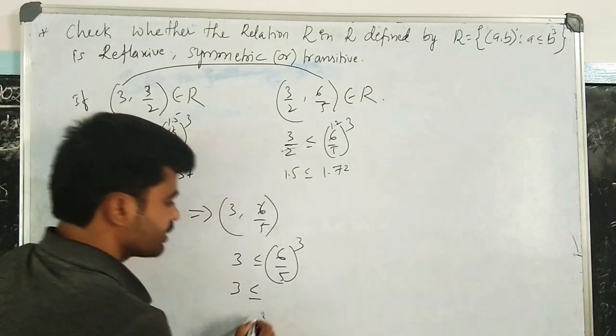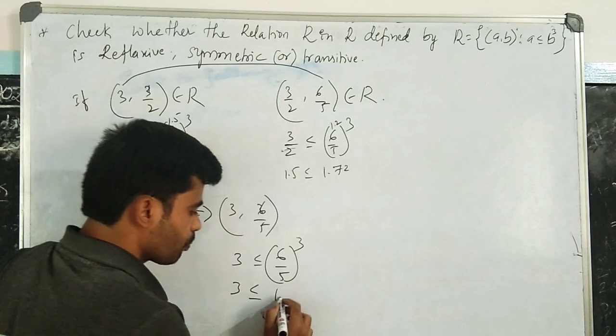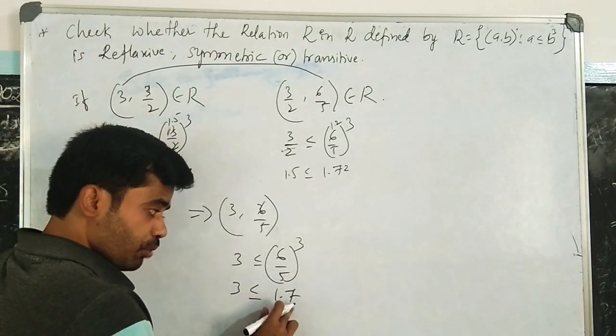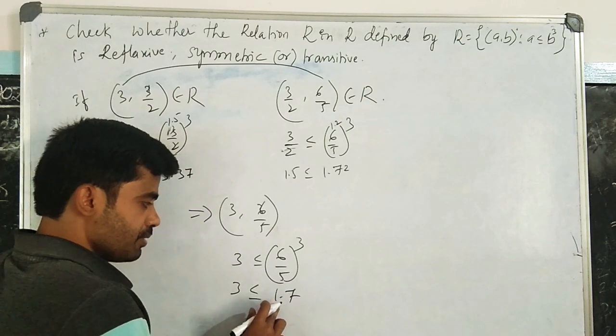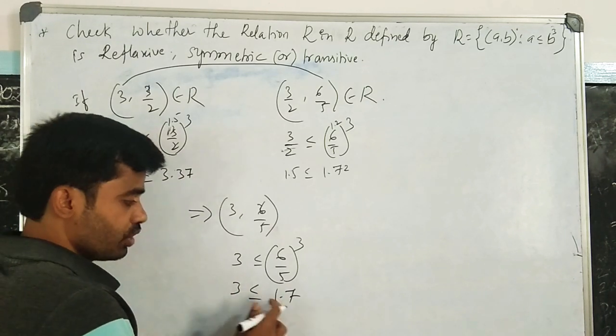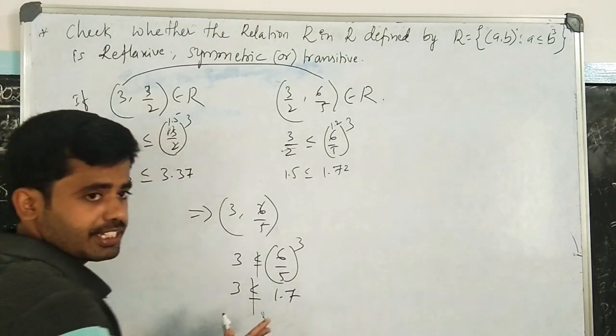Is 3 less than or equal to (6/5) whole cube? It comes to 1.7 something. Is 1.7 greater than 3? No, 1.7 is less than 3. Then that condition is not satisfied.